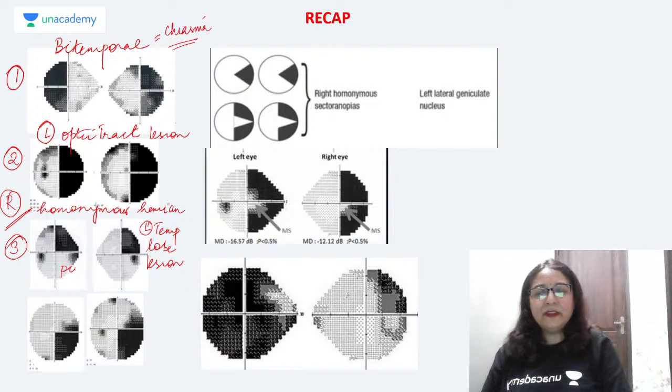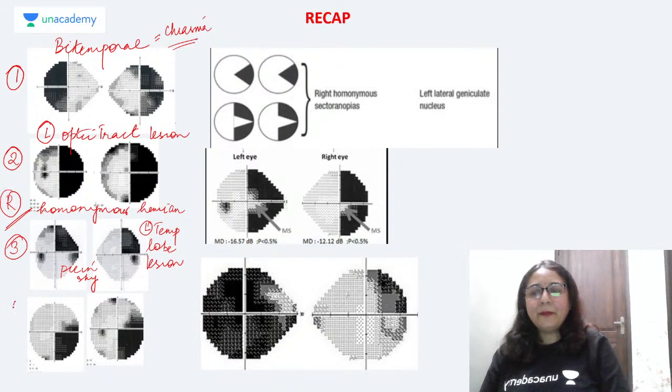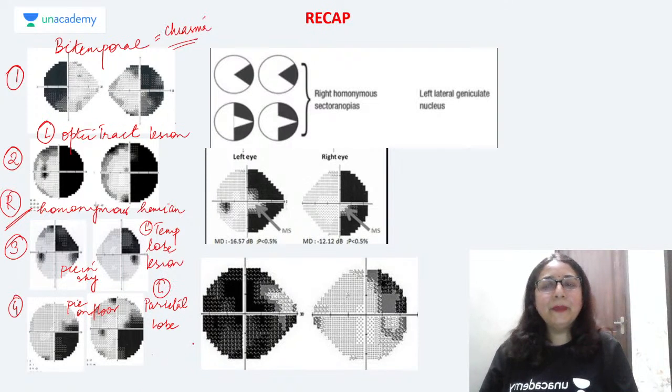Coming to figure number 4, an inferior quadrantic defect, pie on the floor. The pie on the floor is seen in cases of parietal lobe lesions. It is a right-sided defect, so it has to be a left parietal lobe lesion. Okay, so are we clear with this?